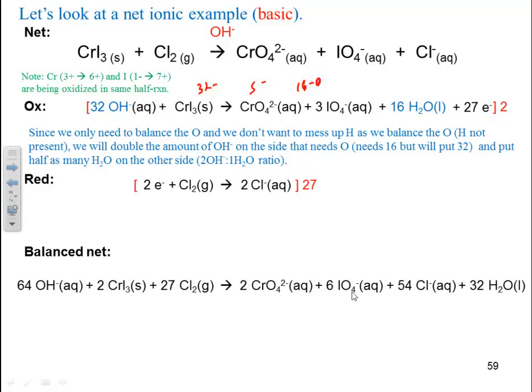I got 8 and 24, that's 32, and 32 is 64 oxygen. Charges, 64 minuses, and I have 2 times 2, that's 4 minuses, and 6 minuses, that's 10 minuses, and 54 minuses is 64 minuses. So this has all atoms and charges balanced.